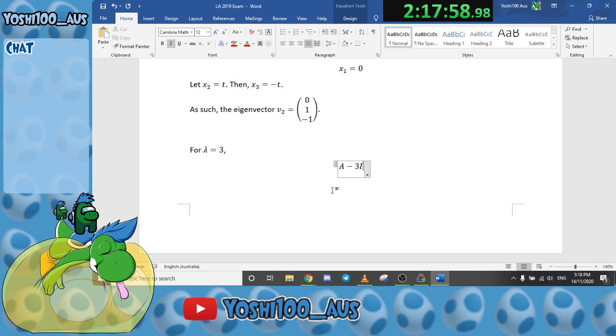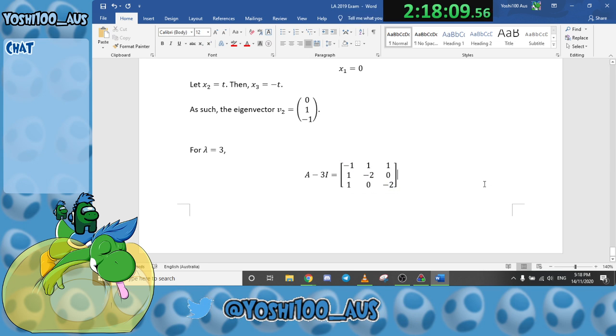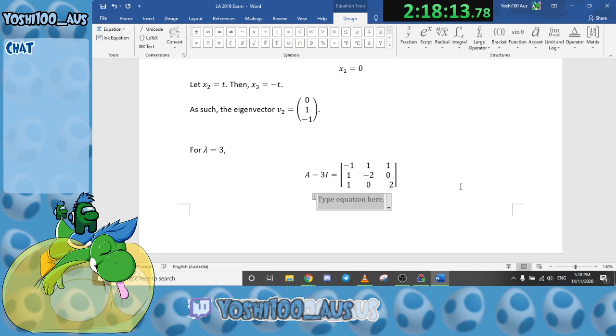A take 3I is then this, but you subtract 3, so it's -1, -2, and -2. Yeah? Okay. Alright, we're going to reduce this one as well. It's no problem. R2 take R3 for R3.